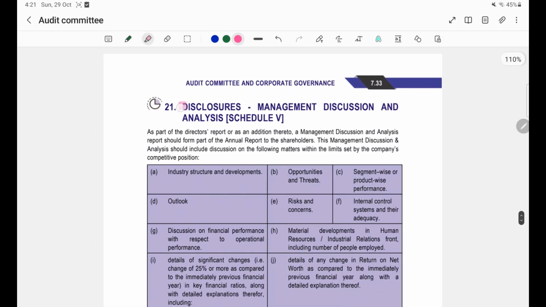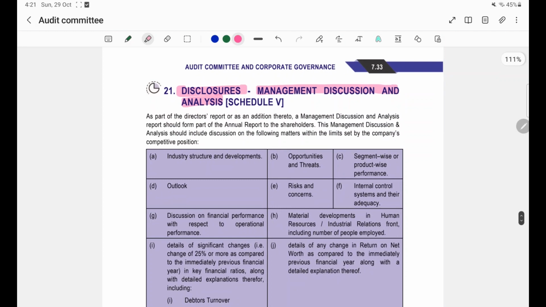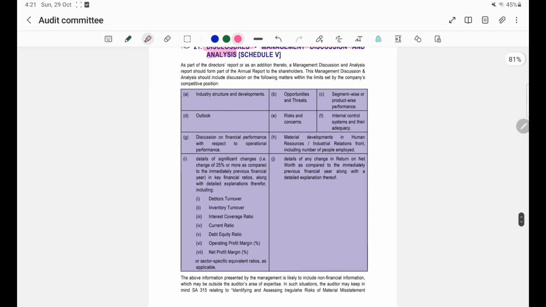Now there is this topic, disclosures, management discussion and analysis. This above also we read in the issues addressed in LODR or somewhere we read it, the management discussion and analysis. In this you just have to learn the points. There is industry structure and developments. Then from SWOT analysis you can recall this, opportunities and threats.